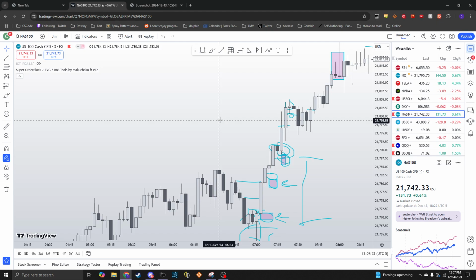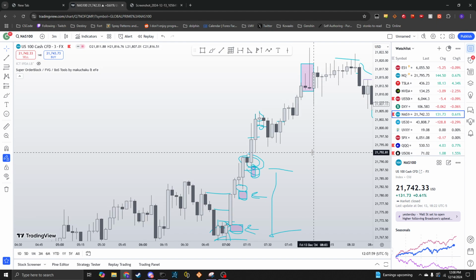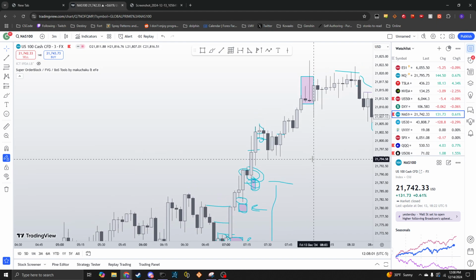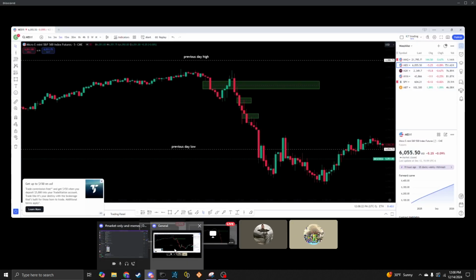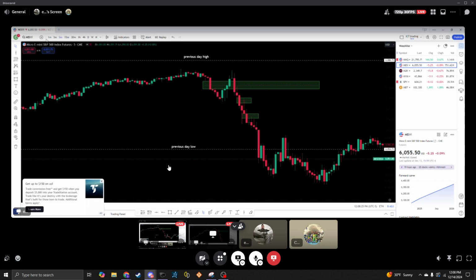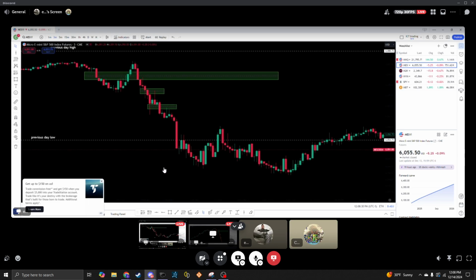Going back to the turtle soup, because the turtle soup works in both directions, correct? Does it have to be a turtle soup where it forms in a bullish manner, or how do I call it? Yeah, if you have chart examples, I would rather look at your screen so you know what you're seeing.